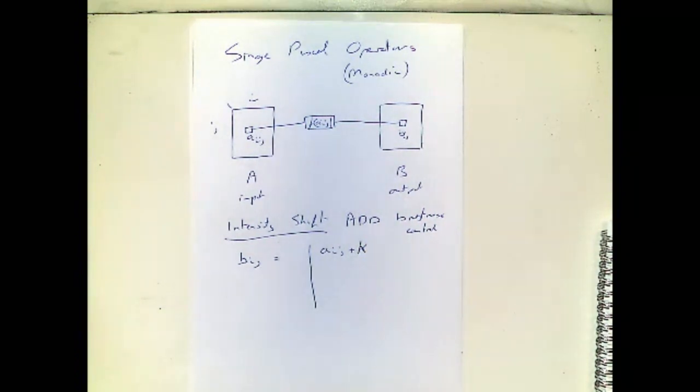Right, that's relatively straightforward. You are adding a constant to the pixel, and if that constant is positive, it will increase the intensity. If K is negative, it will reduce the intensity. But all image systems are fixed point resolution. If it's color, it's 24 bits, 8 bits for red, 8 green, 8 blue. If it's gray, it's just 8 bits.